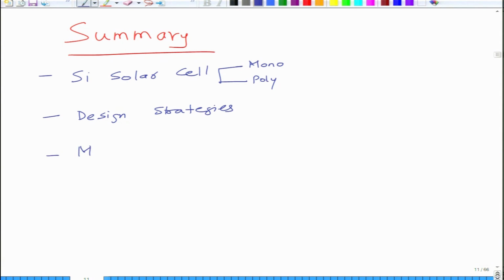We also looked at the manufacturing in some detail, not very detailed, but just a schema, just a flow chart of how a silicon solar cell is made. Currently, silicon is the dominant technology in the market.